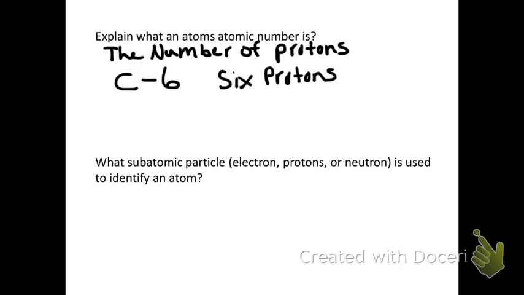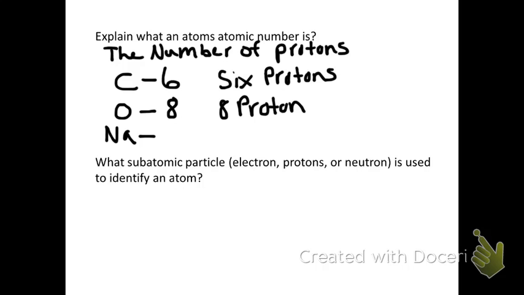If you look at the periodic table and you find oxygen, what is the atomic number of oxygen? That's right, it's 8. So oxygen has 8 protons. Okay, let's find sodium, which is Na on the periodic table.